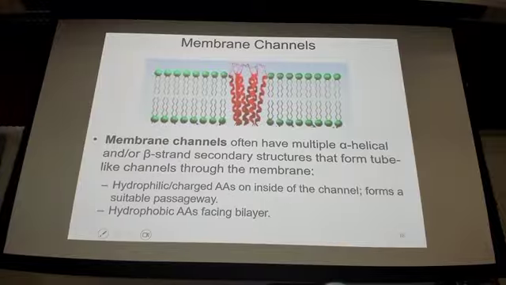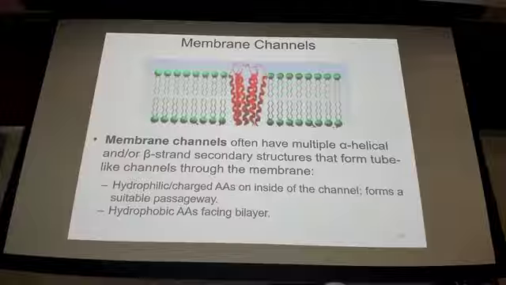So these membrane proteins, or proteins that span the entire membranes, they often have secondary structures that we talked about, the alpha helices or the beta structures that we talked about in the last block. And so, of course, we know that since the inner region of the cell membrane is hydrophobic, these amino acids facing the inner membrane would be hydrophobic, of course.